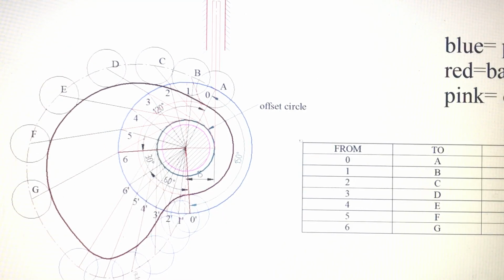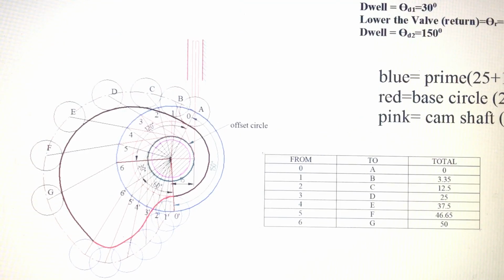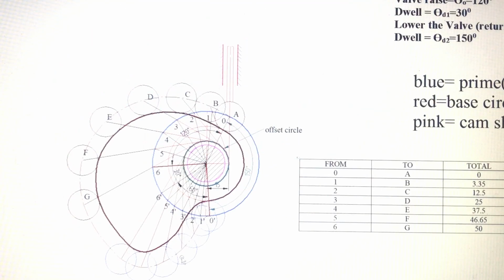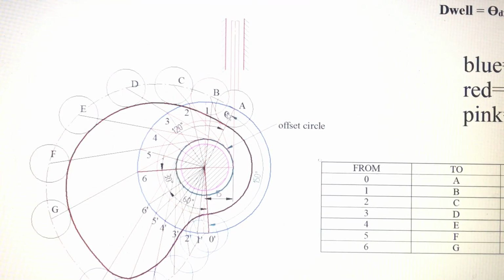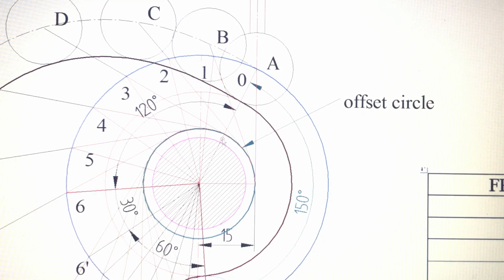Likewise for every point, here it is G dash, F dash, E dash, D dash, C dash, B dash, A dash. I have not shown, but you name it. After that, if you draw a curve which is passing through these A, B, C, D and all, you'll get a pitch curve.